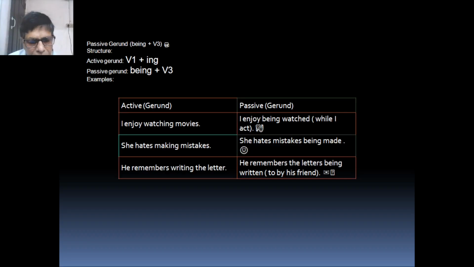Passive is he remembers the letters being written to by his friend or by them. It is silent, that is why it is given in bracket. So friends and students, you can see in gerund passive, which is the ing form, the ing becomes being and main verb is in past participle form. So easy it is. Let us see the next slide.